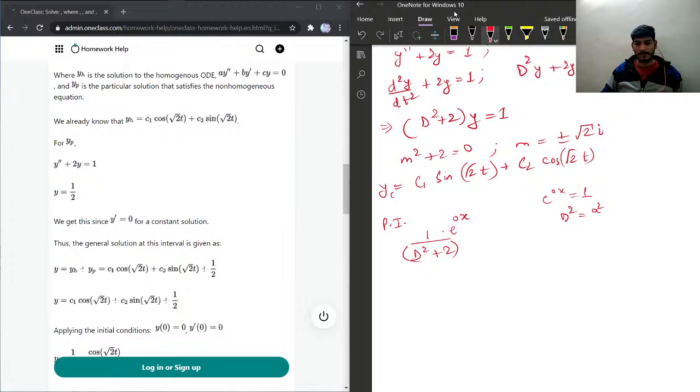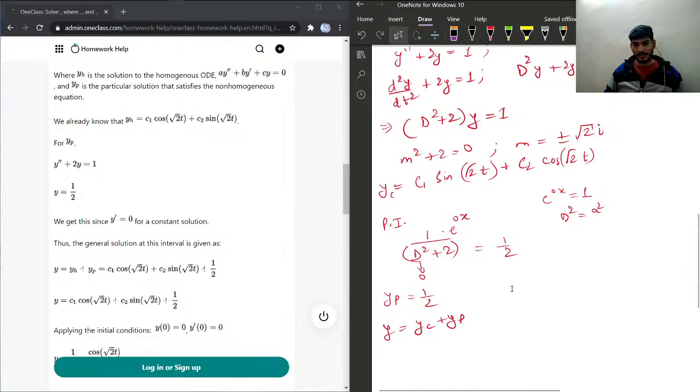So this will become 0 square, and this will become 0, so this will become 1 over 2. So my yp will be 1 over 2, and my y will be yc plus yp.